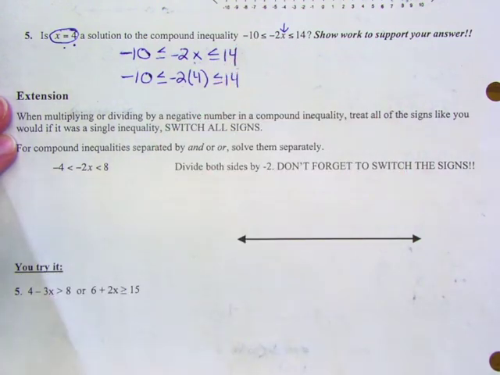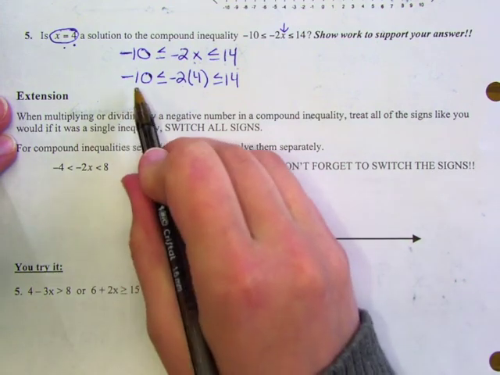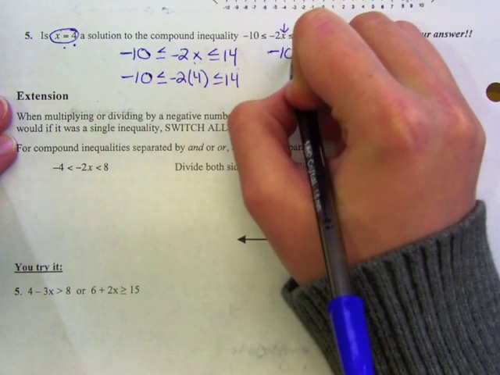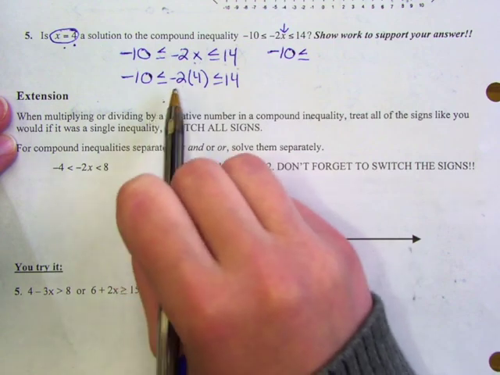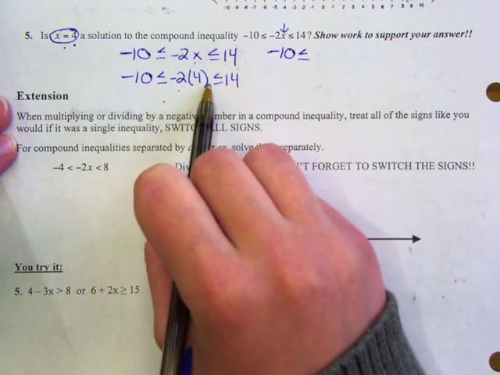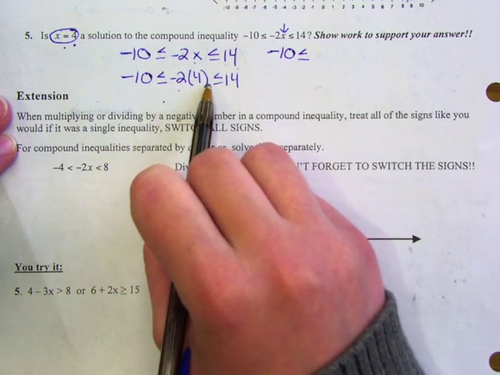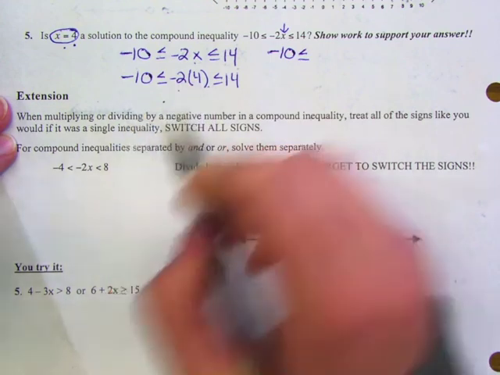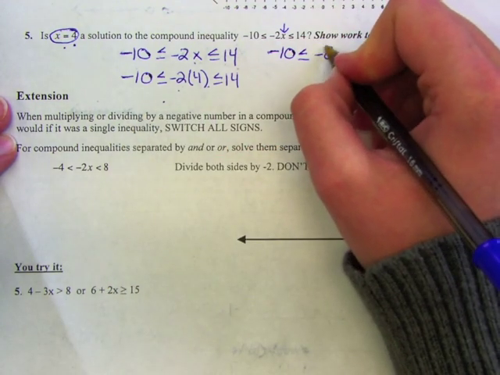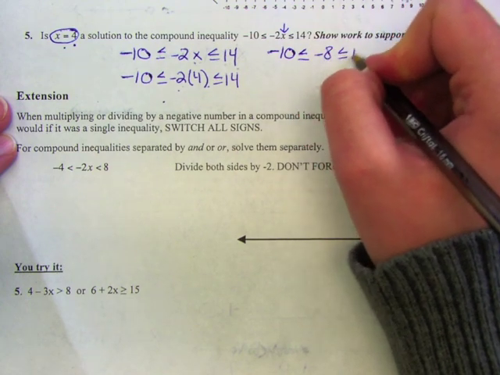Now I need to solve. So if I do negative 2 times 4 in my calculator right now, I'll get negative 8 is less than or equal to 14.